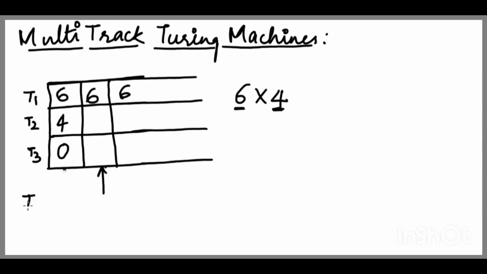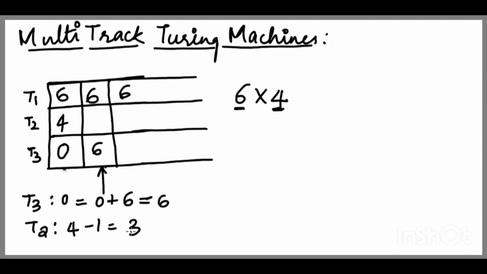So T3, which is initially 0, becomes 0 plus the T1 value, that is 6. The next T3 value would be 6. And the next step would be decrementing the T2 value, that is 4, by 1, which gives 3. We must follow this process until we get a 0 in T2.